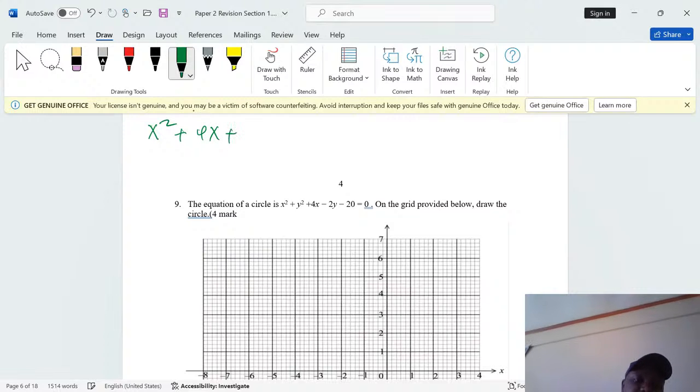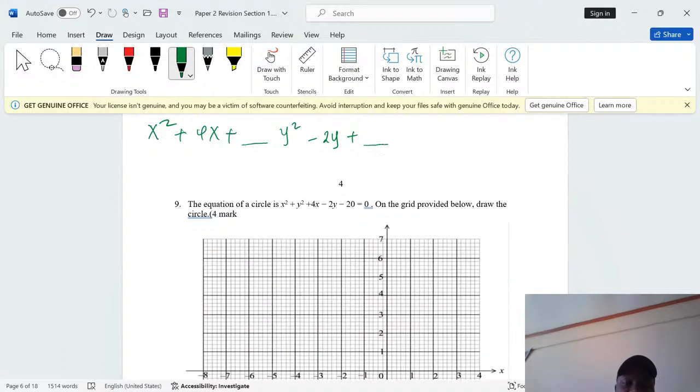Then we are going to add a constant at this point to make the square perfect for x. Then we start again with y squared minus 2y. We add again a constant at this point to make it a perfect square.